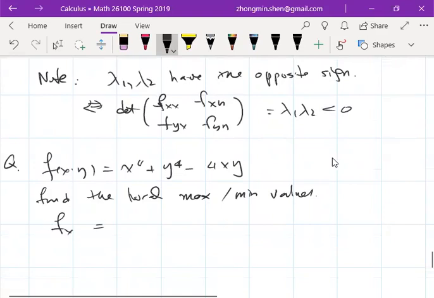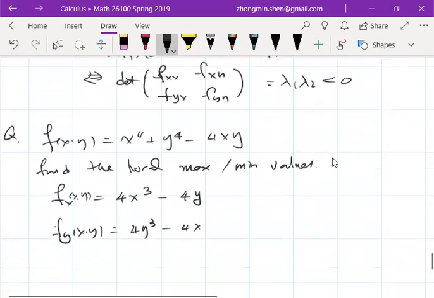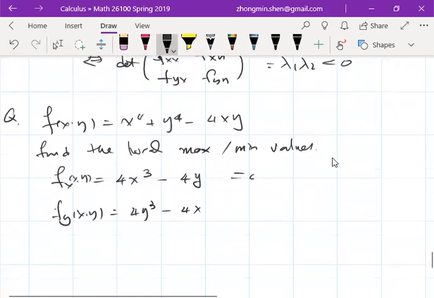The partial derivatives are 4x cubed minus 4y and 4y cubed minus 4x. We set them to be 0.